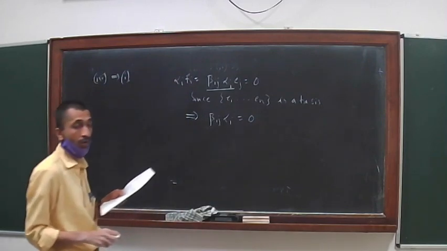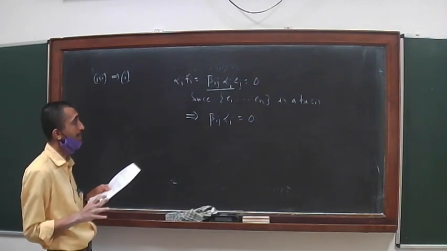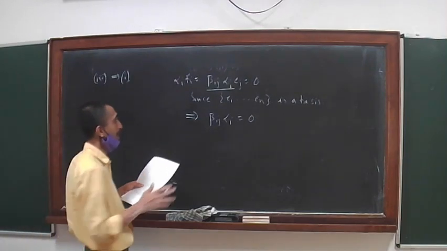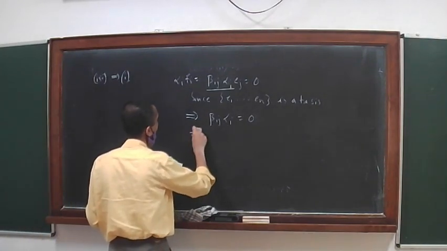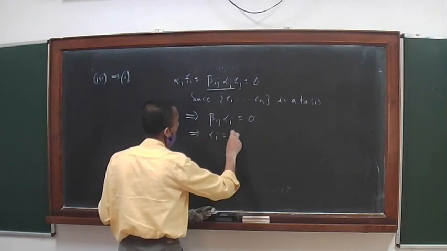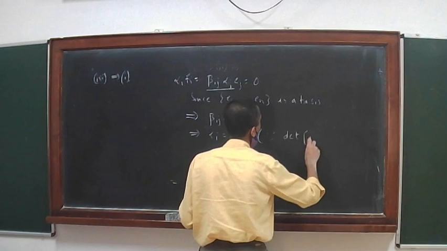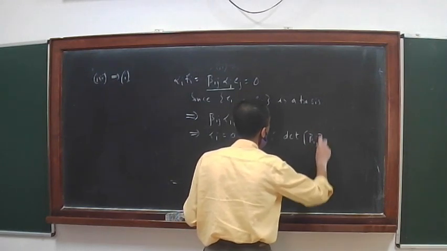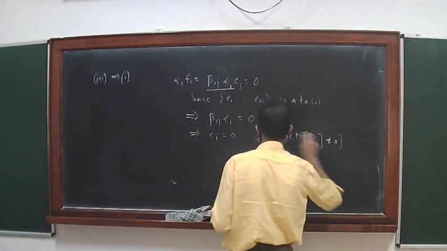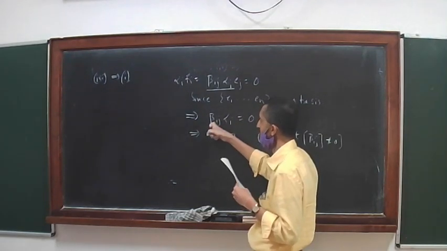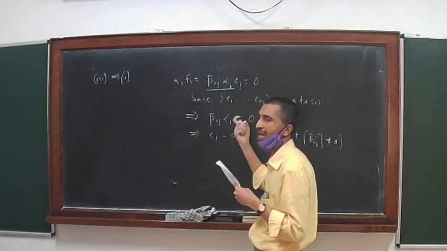Correct? And now we are given that beta_ij is a non-singular matrix. So that means your alpha_i has to be equal to 0, since the determinant of beta_ij is not equal to 0. Basically, it is like a matrix multiplying a vector equal to 0, and this is a non-singular matrix, so just multiply by the inverse.